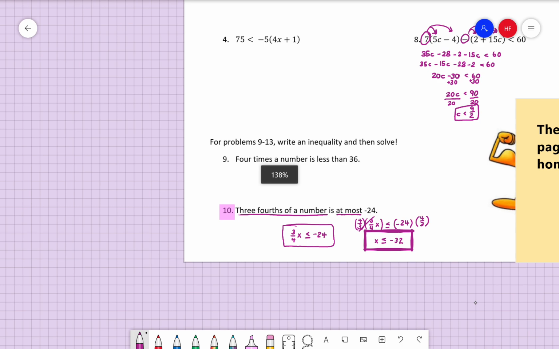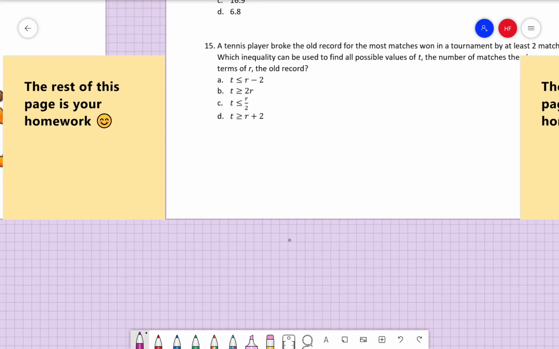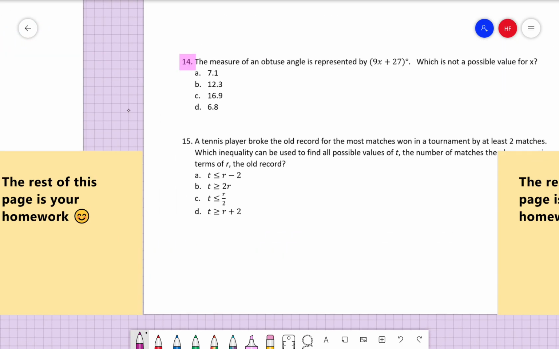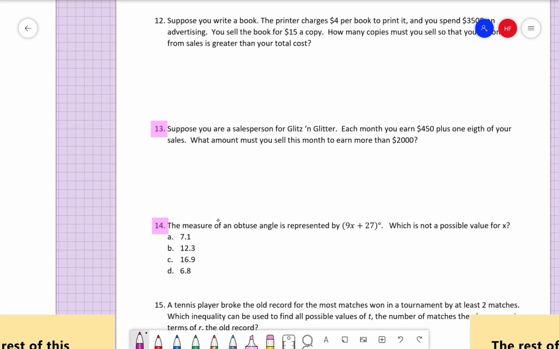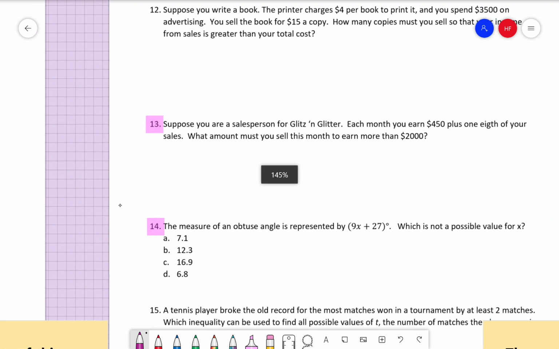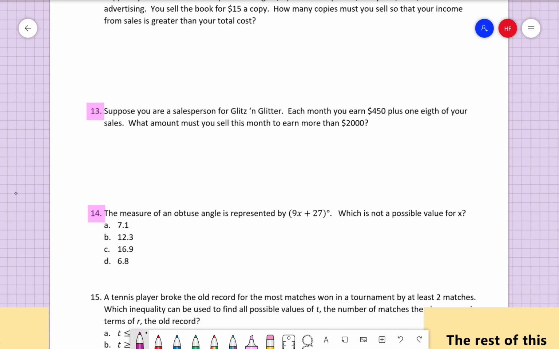Let's look at the next page and do 13 and 14. Suppose you are a salesman for Glitz and Glitter. Each month you earn $450 plus 1/8 of your sales. What amount must you sell this month to earn more than $2,000?